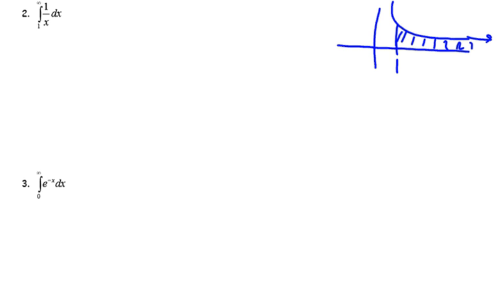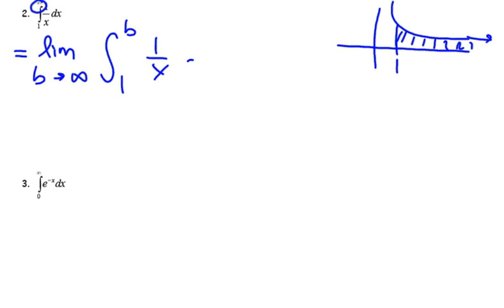First of all, our upper limit is what is improper about this integral, so I'm going to make it proper by turning this into a limit. That upper limit, I would call b. So I'm going to write the limit as b approaches infinity of the integral from 1 to b, so that upper limit gets replaced with, think of it as some kind of constant, of 1 over x dx.